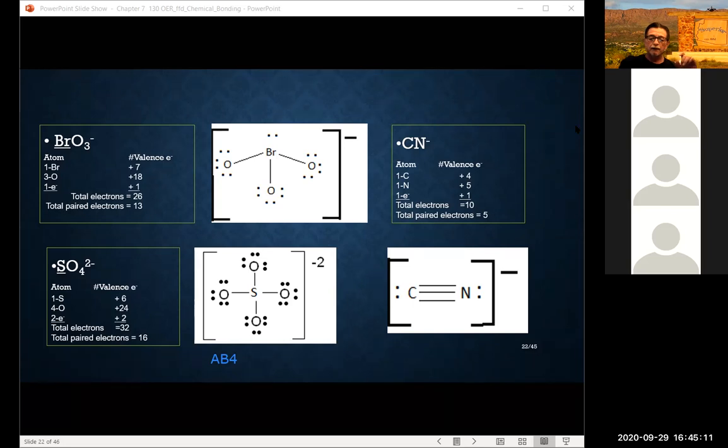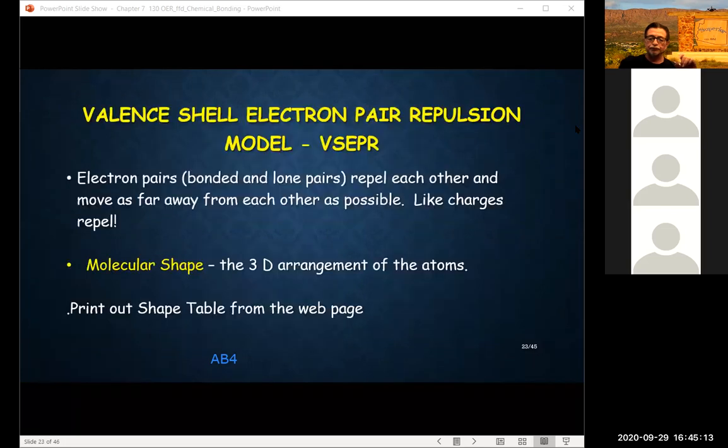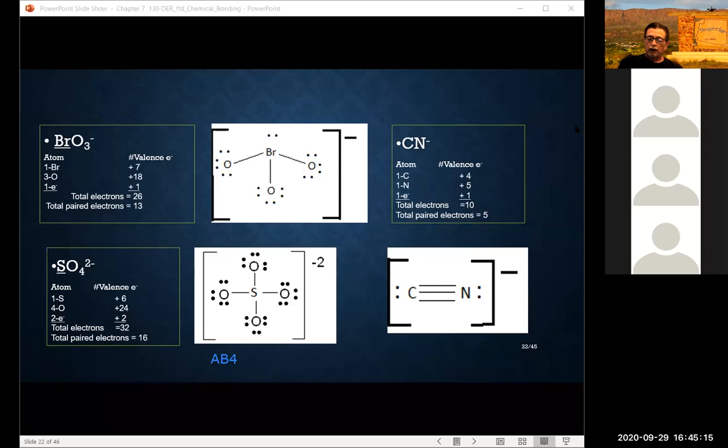All right. So now, earlier I talked about whenever you get, for example, the first BrO3, that you got a lone pair on that central atom.